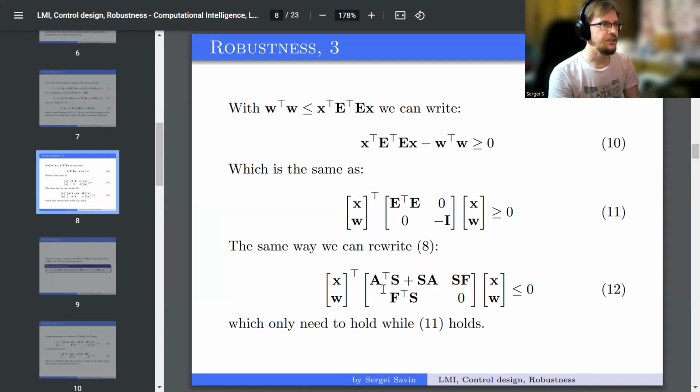So the game is to take this original matrix, for which we want to make sure that it's negative, as long as this positive quadratic form is positive. This quadratic form has to be negative, while this quadratic form is positive.